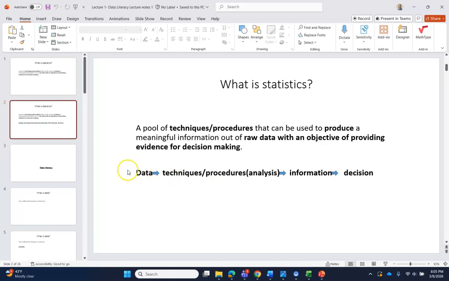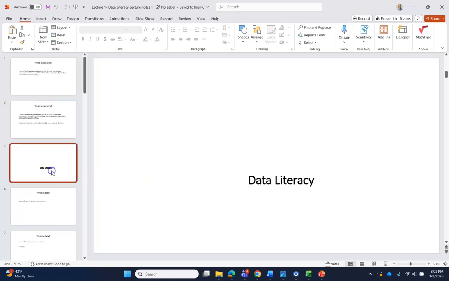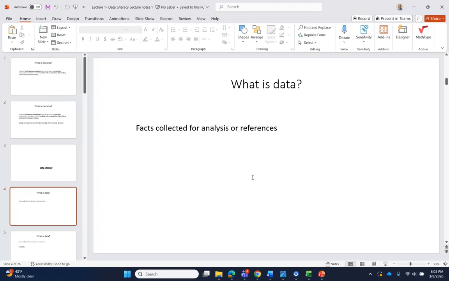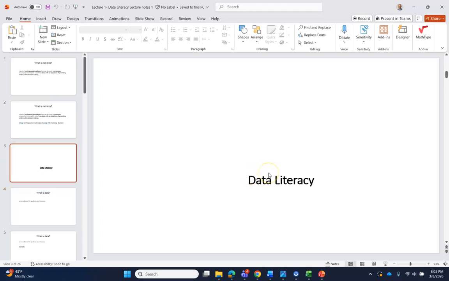Data is the most important part here. If you don't have data, there is nothing you can do. You cannot analyze data that you don't have. Therefore, we need to understand data, and looking at different types or characteristics of data is very important.